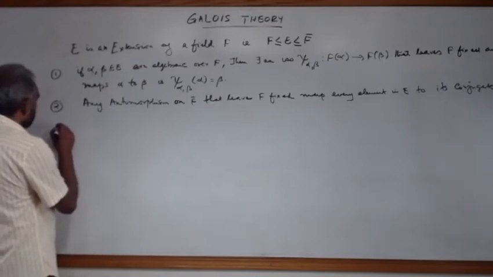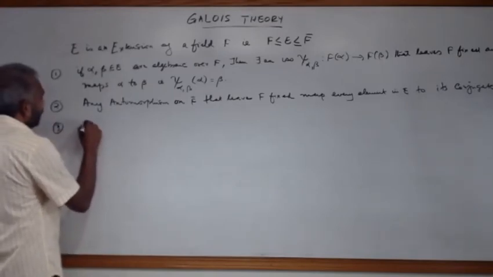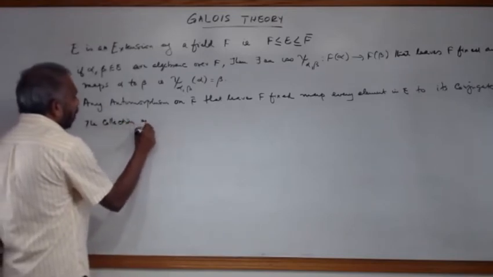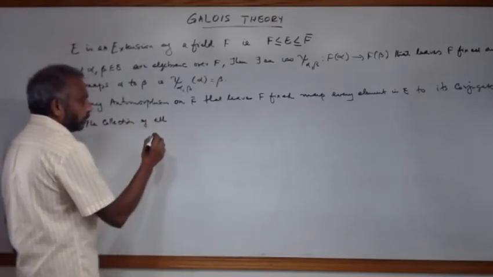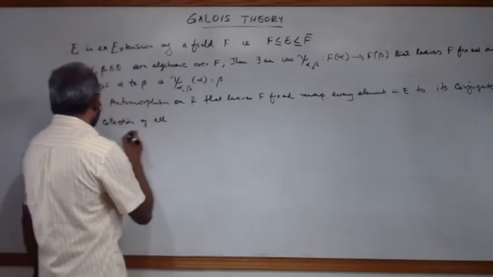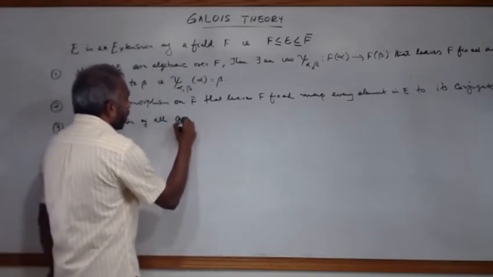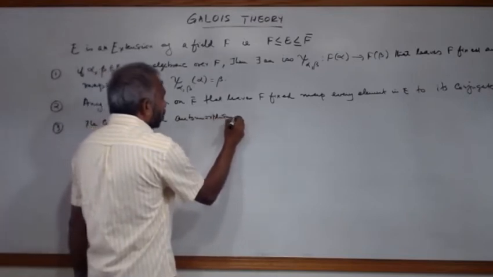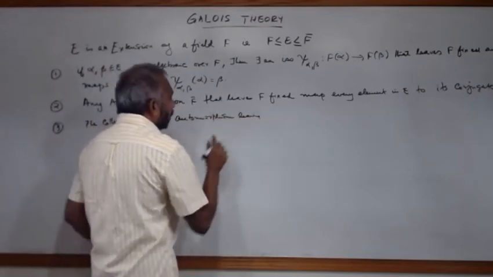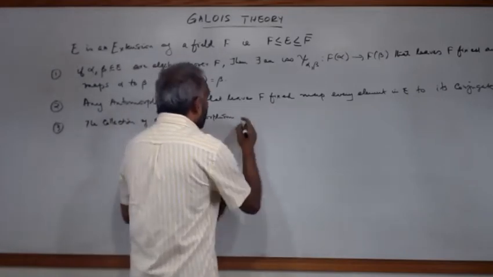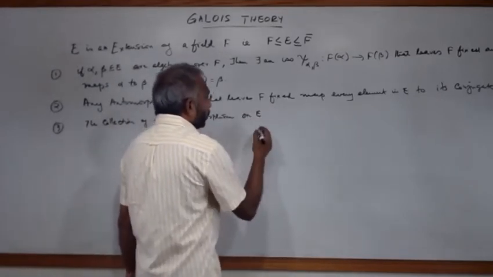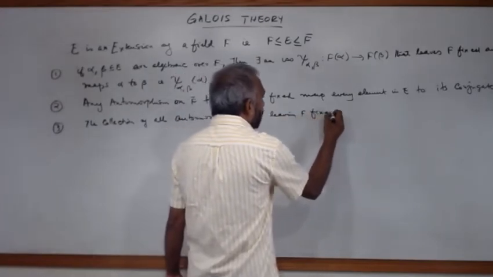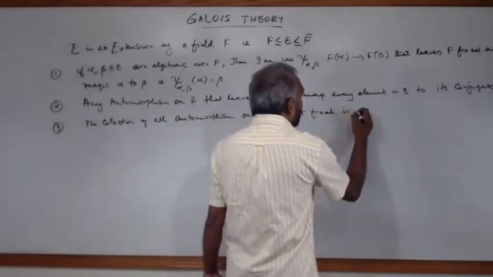Next one is the collection of all automorphisms on E leaving F fixed is a group.